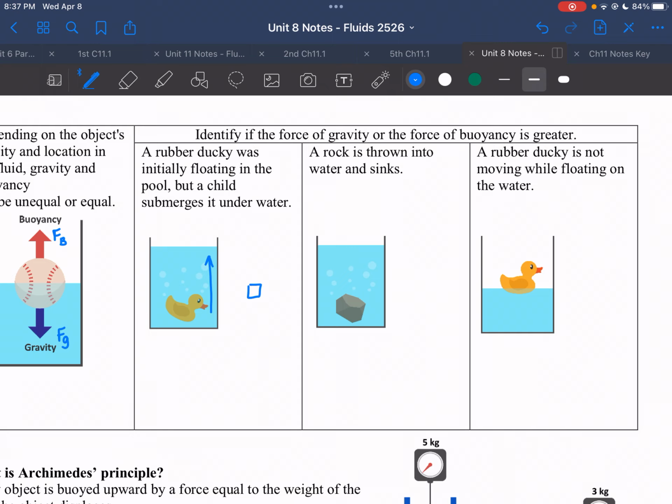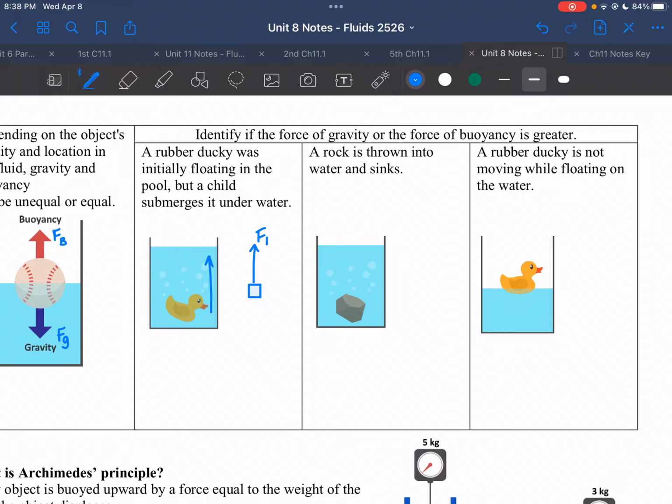So if we are drawing a free body diagram here, the buoyant force is going to be really high, because the rubber duck has quite a bit of volume. The inside is mostly hollow, so it doesn't have much density. And we know that the density of an object is going to determine whether it rises or falls.